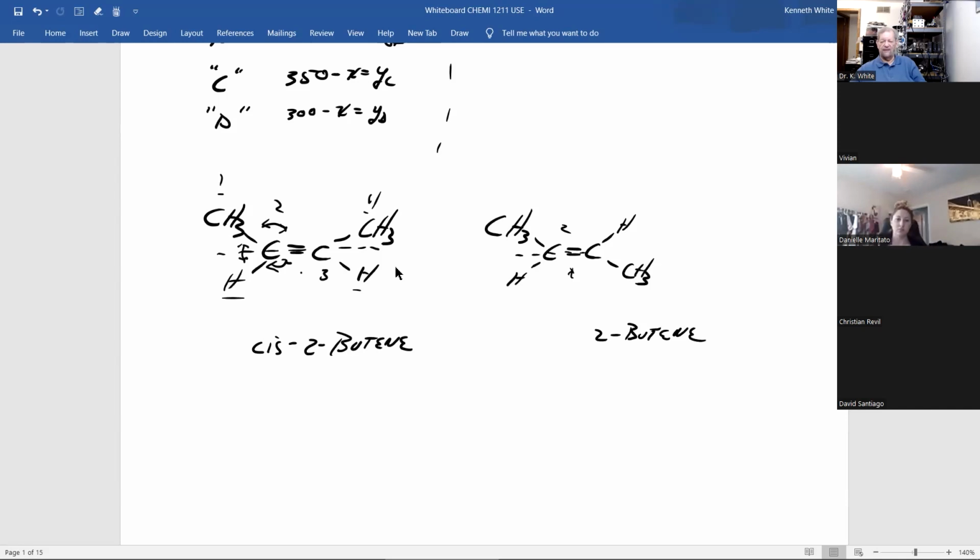But now, notice these hydrogens are on opposite sides of that line, and opposite is trans.